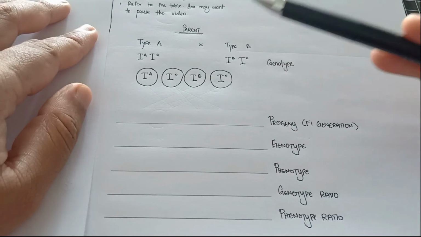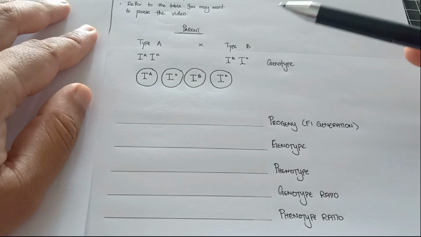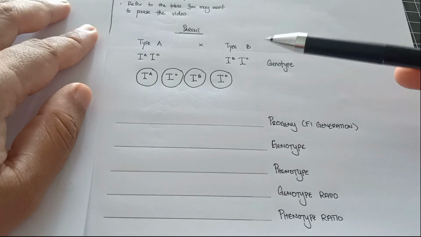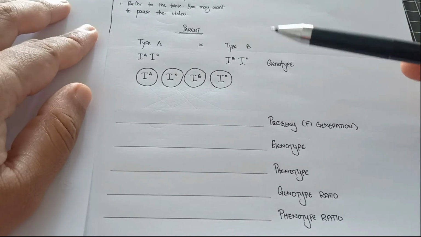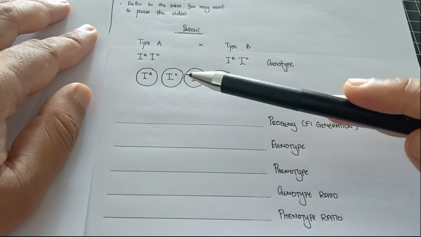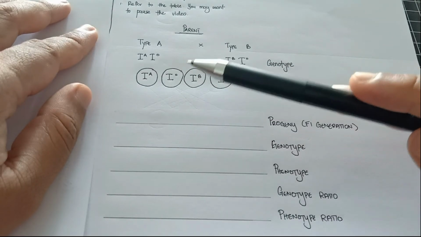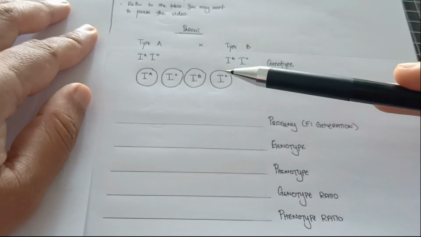Arrange your information like this so that you don't get confused when we start doing the crossing method. Once you have arranged your genotypes like this, split them into individual genes like this. So you have IA, IO, IB and IO.